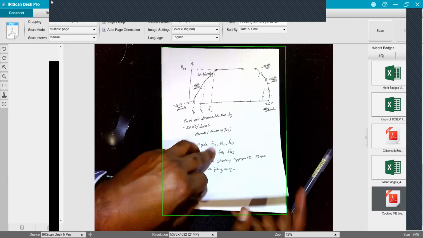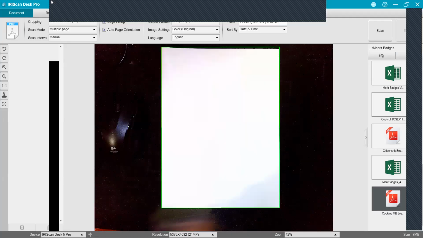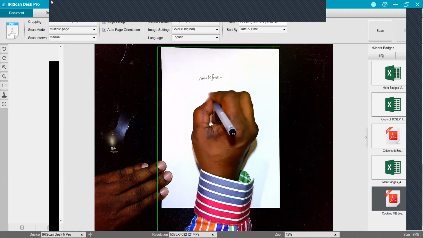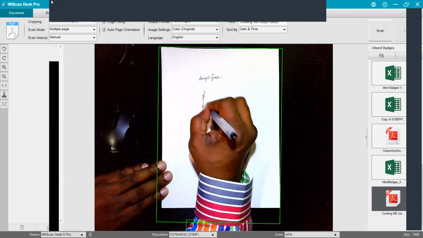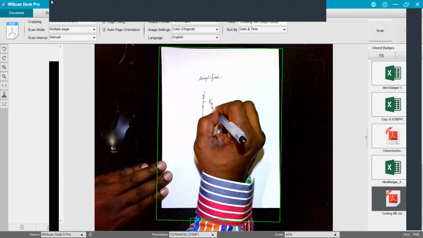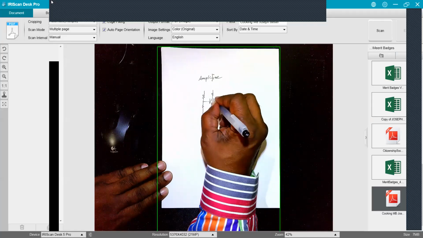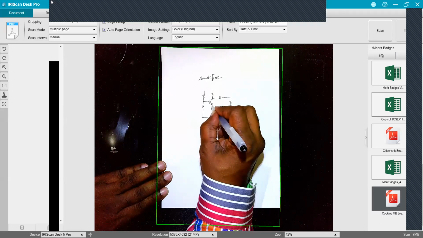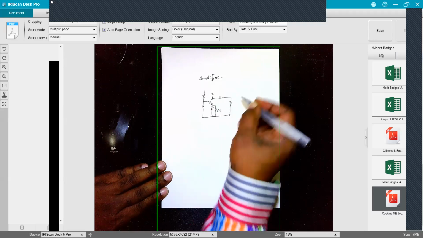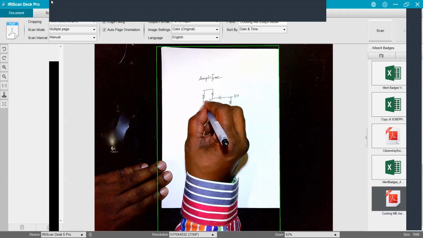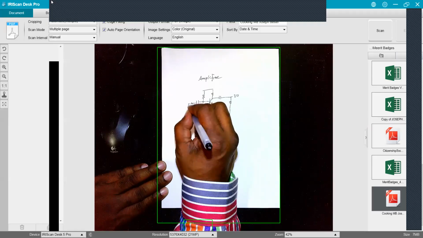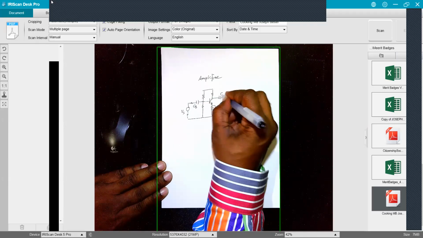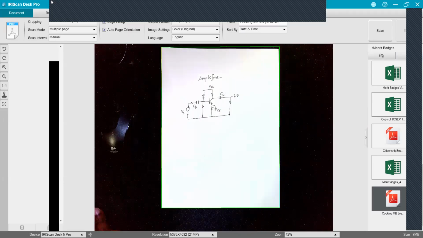So let's go take a look at something. We have an amplifier.